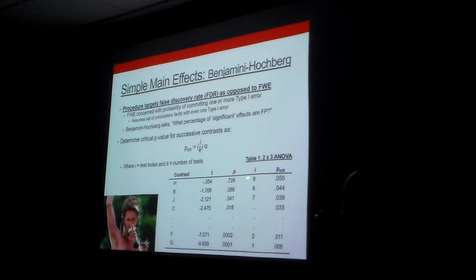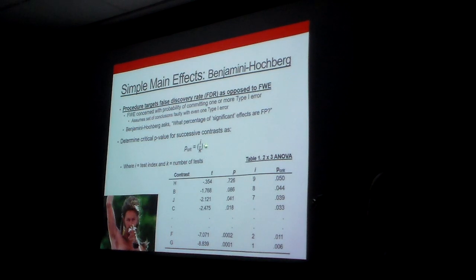Here's the p-value I observed in my test, here's my index: 9, 8, 7, 6, all the way down. So then I have for each test a new p-value. For my least significant test, my index is 9, divided by the number of tests, 9, times my alpha level, 0.05, so my p-critical is 0.05 for that, right? And then we go down to the next one.